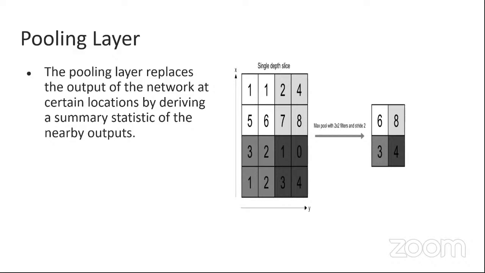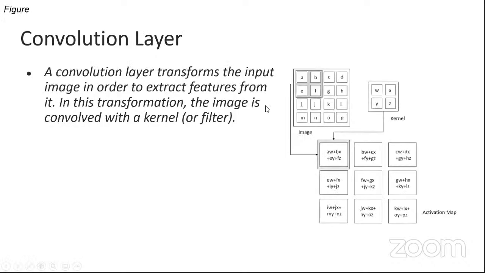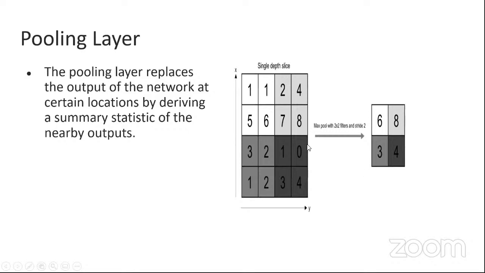Next is the pooling layer. So what is the pooling layer? We can use different mechanisms for pooling. We may use max pooling or average pooling. Here it shows max pooling. Max pooling means we take the most prominent feature from the information.